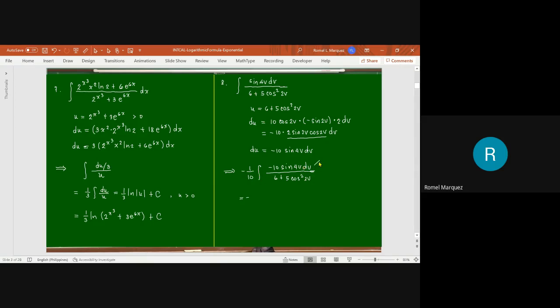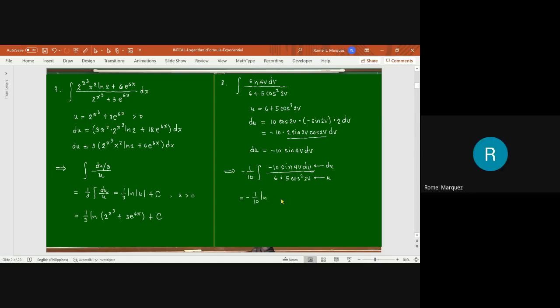What's the numerator? It's du. The denominator is u. So it is the integral of du over u. What's the answer? ln of the absolute value of u.